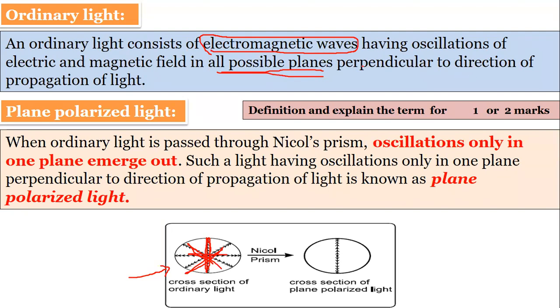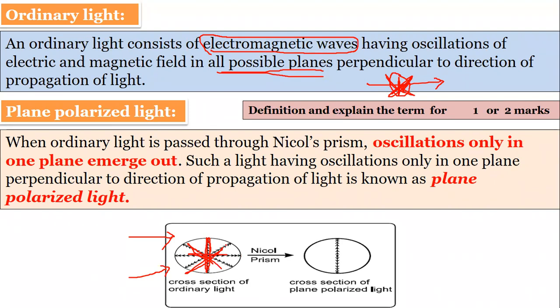This is a very important condition. Suppose this is the direction of propagation of light, and this is the ordinary light. It can oscillate in all possible directions, and it is shown here how it rotates.